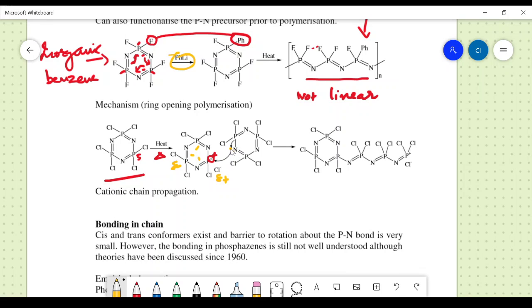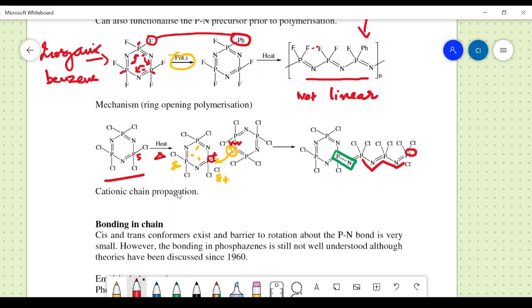But you can see here, this nitrogen nucleophilic attack is being made onto this phosphorus atom, and you are getting a bond like this. So this is the newly formed bond there. When this forms, there is an opening of the ring. So this flips, and the flipping is causing a structure like this. Again, you have got a P plus there.